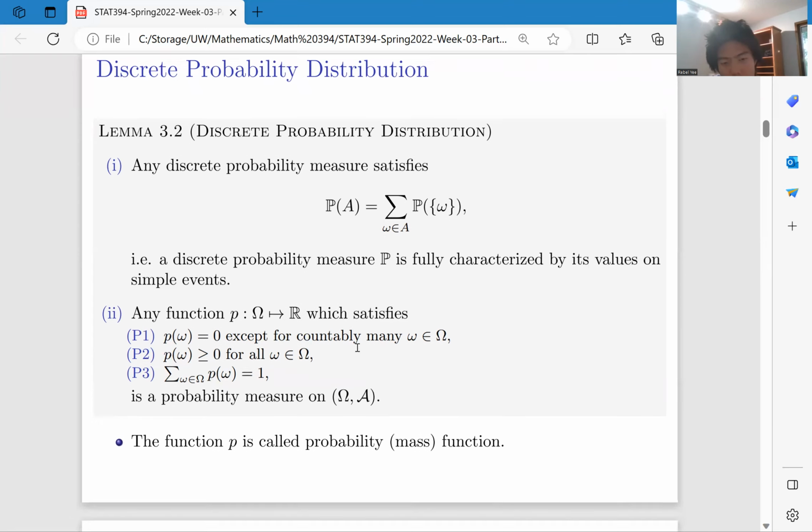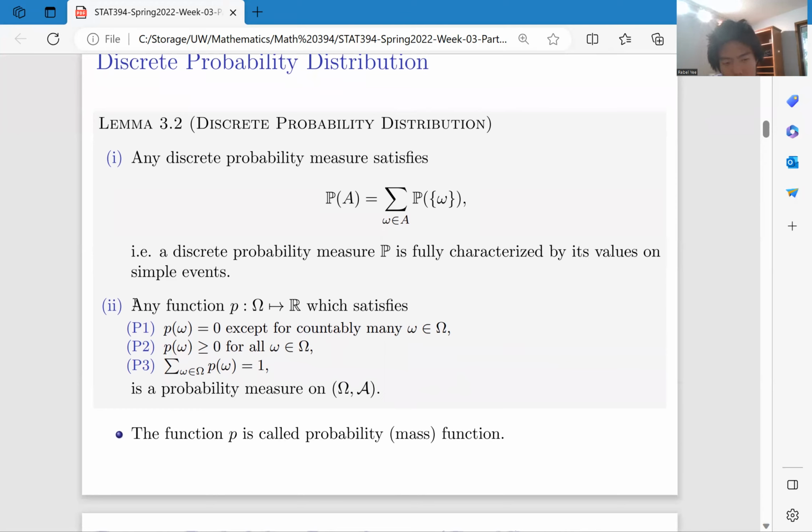And there are some not very important characteristics of that. First, if the outcomes in omega are not countably many, the probability of all the simple events is 0. I would say this is easy to understand, because imagine there are uncountably many events and their sum is 1.